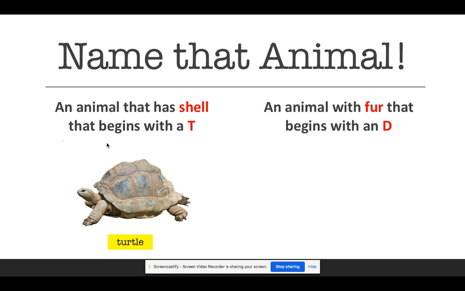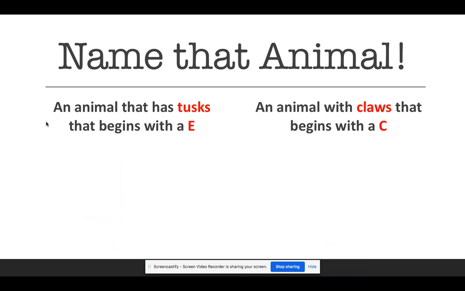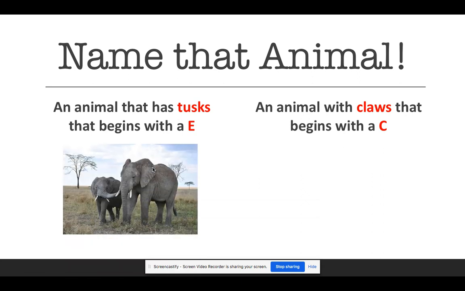It's a turtle. An animal with fur that begins with a D. I think I need the picture. Oh, I know. A dog. An animal that has tusks that begins with an E. It's an elephant.